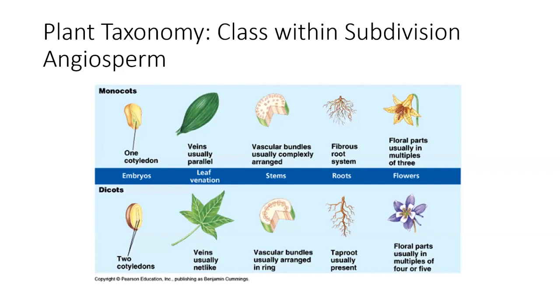From a landscaper standpoint, a lot of times monocots are easier to control because they don't have that really deep taproot system. They're much easier to grasp. And then last but not least, their floral parts are often in multiples of 3. If you were to look at the flowers, you would notice they would be in whorls of 3. All right, let me look at the chat.